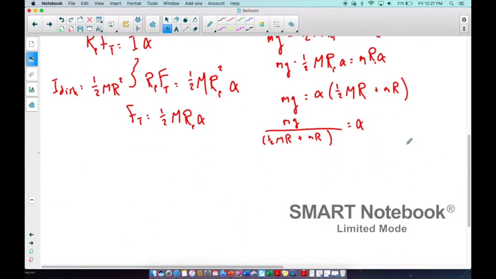And when I do that, I get an alpha, the angular acceleration of my pulley wheel, of 24. And remember, the unit for that is radians per second squared, just like translational acceleration is meters per second squared. I can now plug that in here and get my force of tension, and I'm getting a force of tension of 6 newtons.